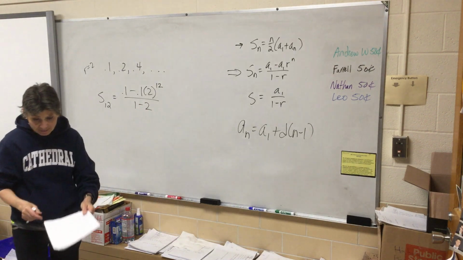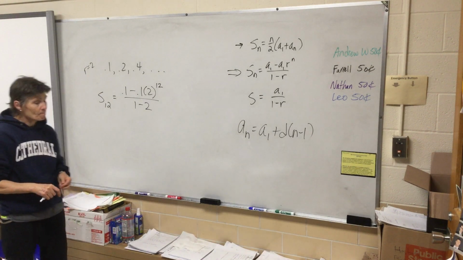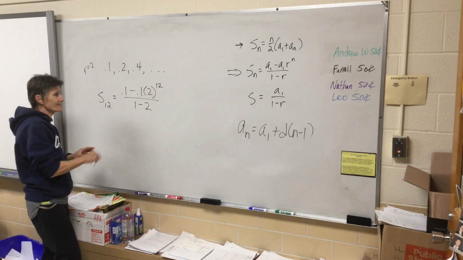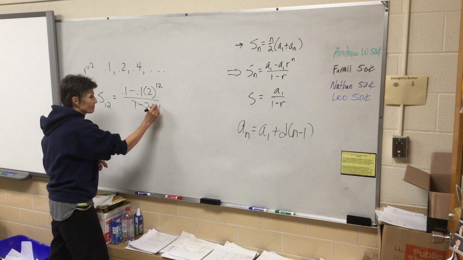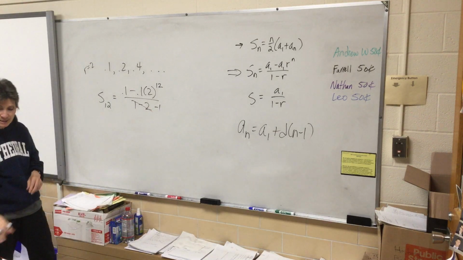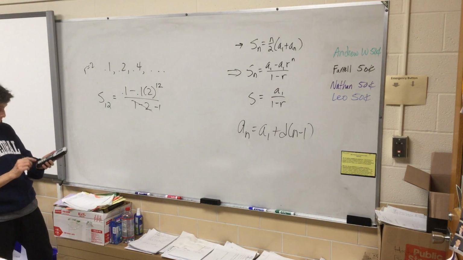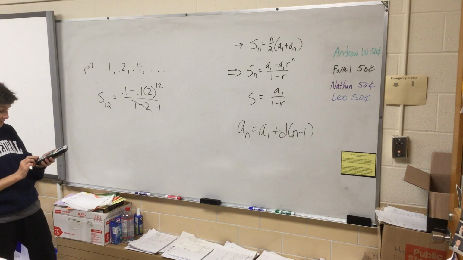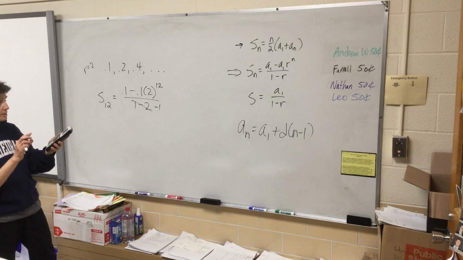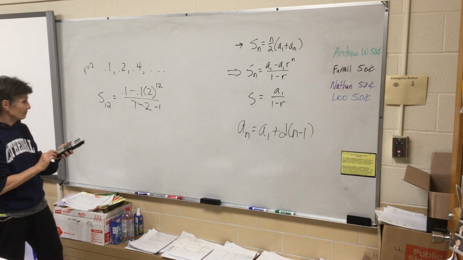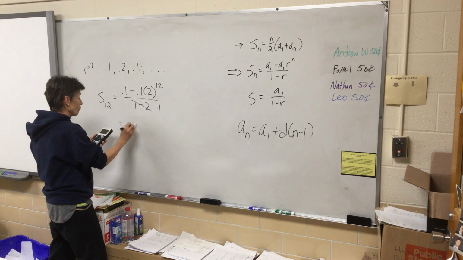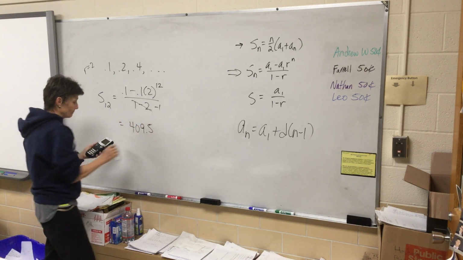Now, when we talked about this formula the other day, I suggested that before you type it in, you just figure out what your denominator is. So your denominator is -1. And then we're just going to type in 0.1 minus 0.1 times 2 to the 12th, equals, divided by -1. And I got 409.5.